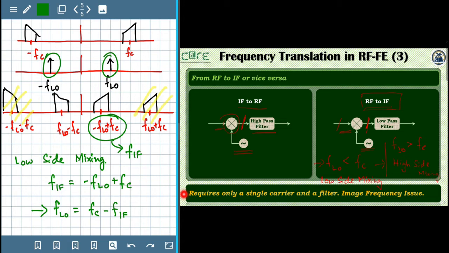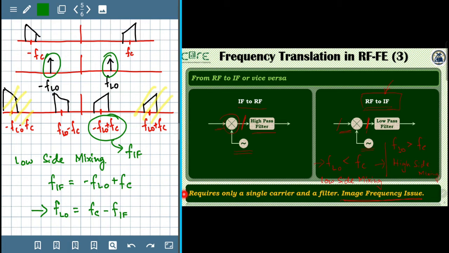Now the slide also mentions an important issue, which is the image frequency issue. The image frequency issue in the case of RF happens in RF to IF down conversion. Whenever we want to convert an RF signal to an IF signal, the image frequency arises. What it really means is as follows.